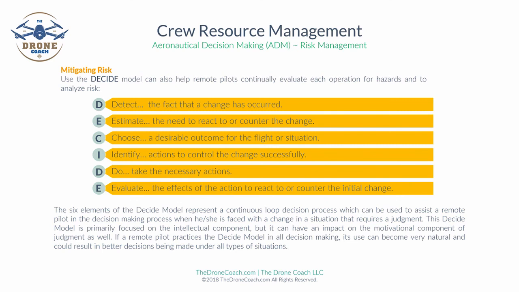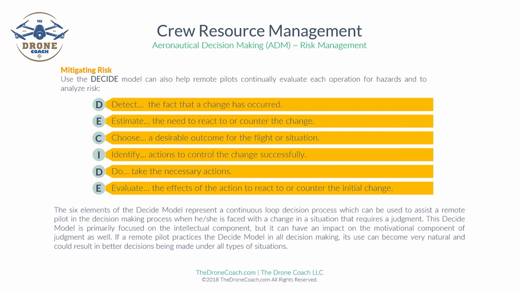Choose a desirable outcome for the flight or situation. Identify actions to control the change successfully. And do take the necessary actions. And then E for evaluate the effects of the action to react to or counter the initial change.